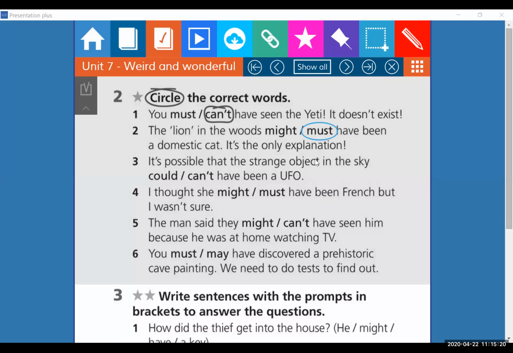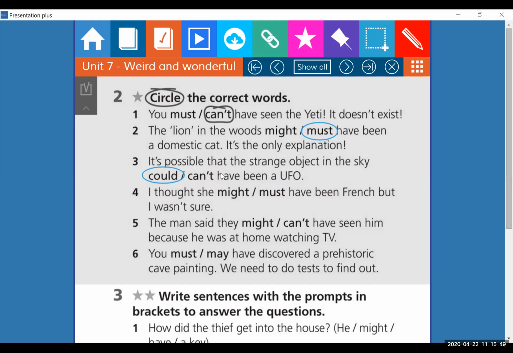The third one: it's possible that the strange object in the sky could or can't have been a UFO. The answer is could. Remember, can't isn't used with this past modal verb, have plus verb 3.